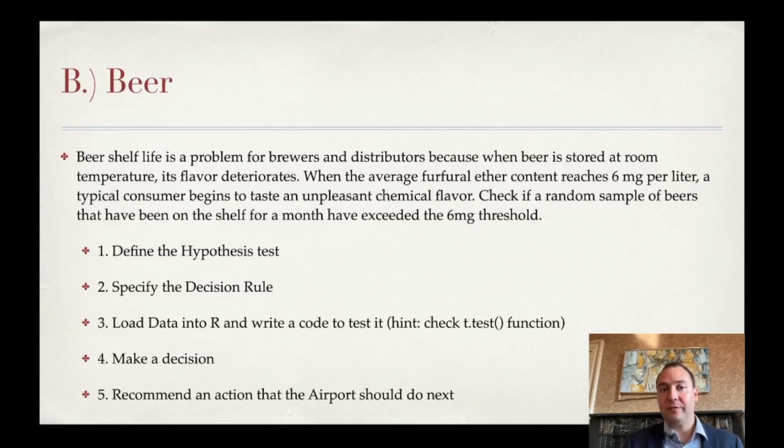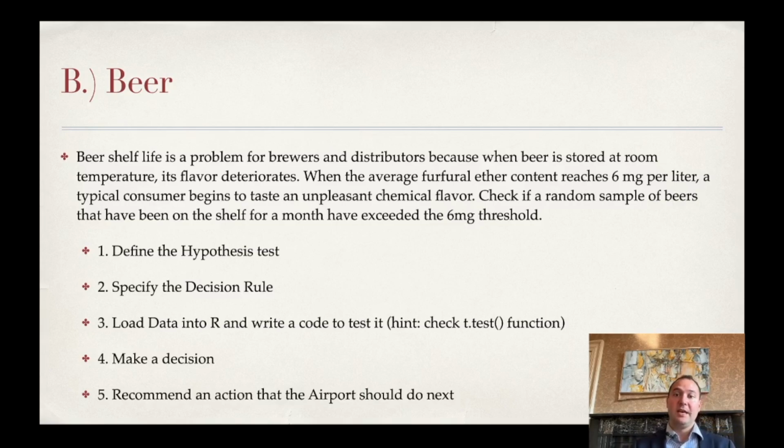Beer shelf life is a problem for brewers. They want beer to stay on the shelf for a long time, but they want it to stay fresh for a long time. When beer is stored at room temperature, its flavor gets worse. When the average furfural ether content reaches 6 milligrams per liter, a typical consumer begins to taste an unpleasant chemical flavor.